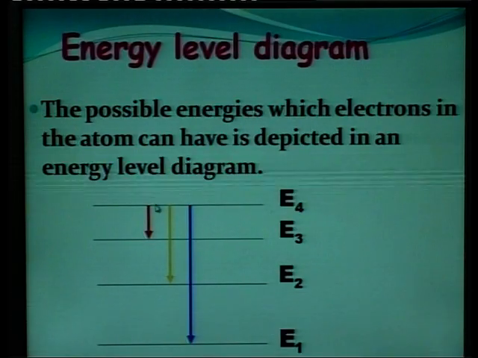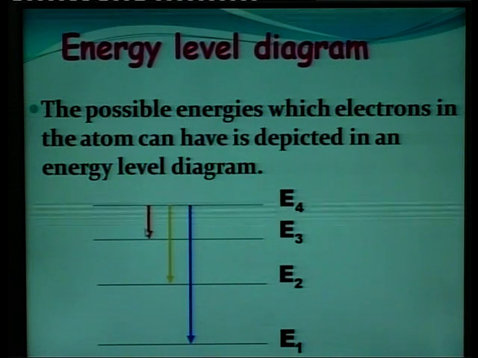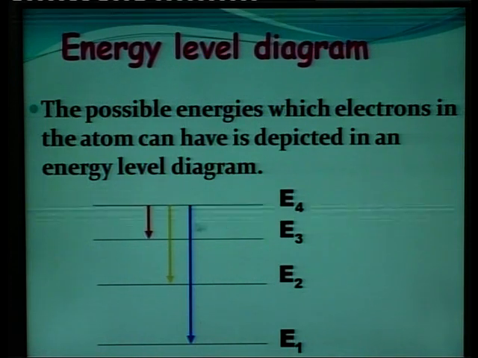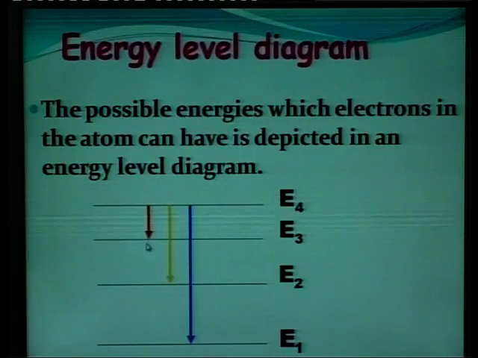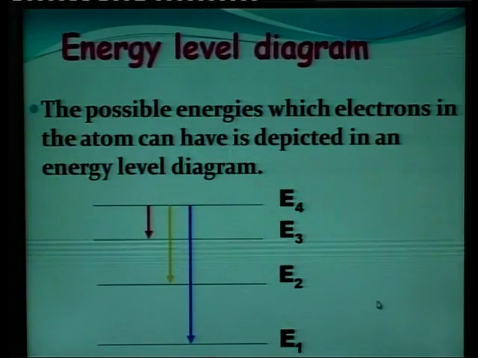So the electron can jump from E4 to E3, or from E4 to E2, or from E4 to E1. In all these 3 cases, the photon which will be liberated will be of different wavelength and different energy. So different energies and waves of different wavelengths are possible.